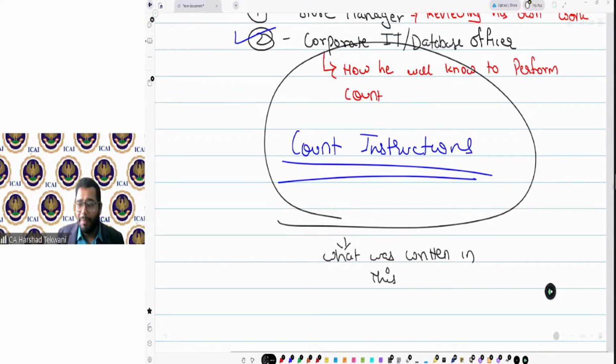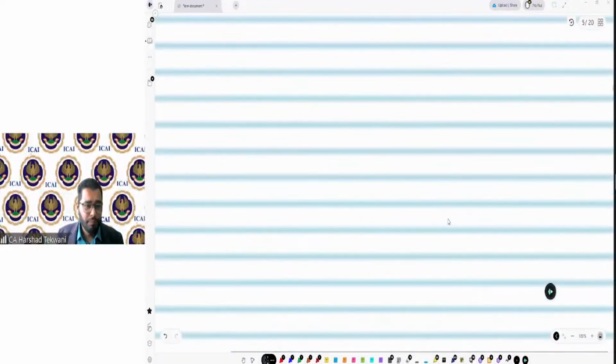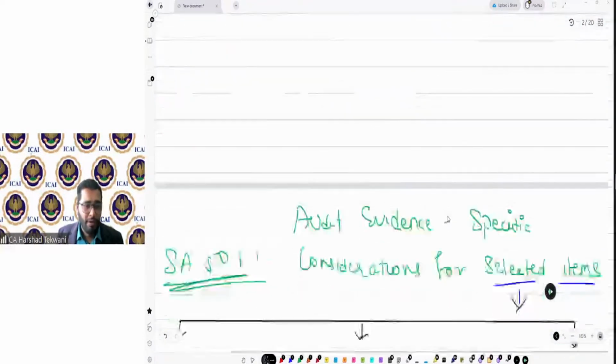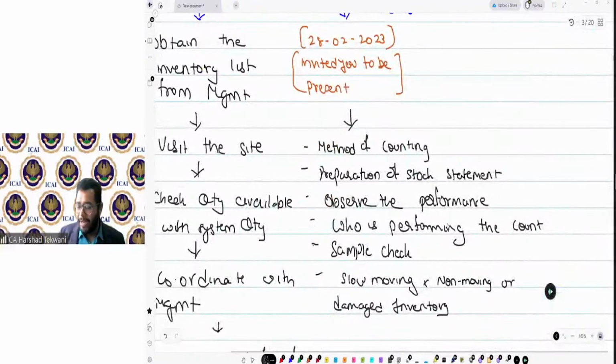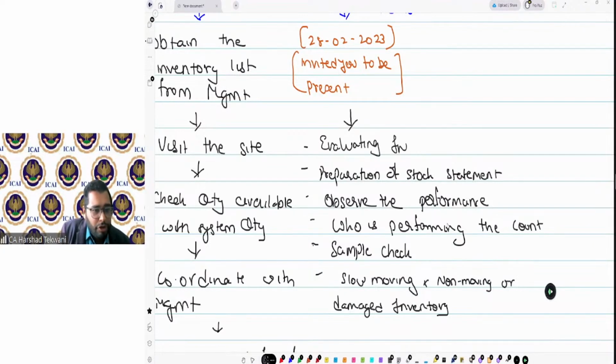These instructions given by management to the employee for performance of the count are very crucial for me. As a result, my starting point, whenever a count is being performed by management, instead of method of counting, will be evaluating instructions provided by management, which will include the method, the sample, and everything.